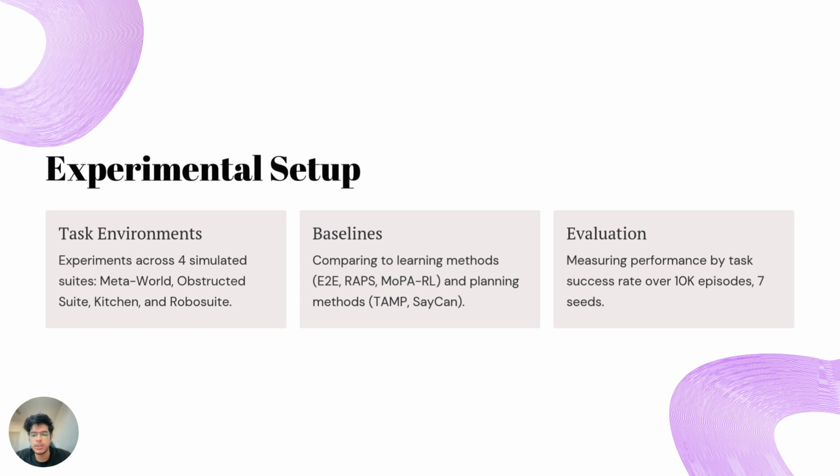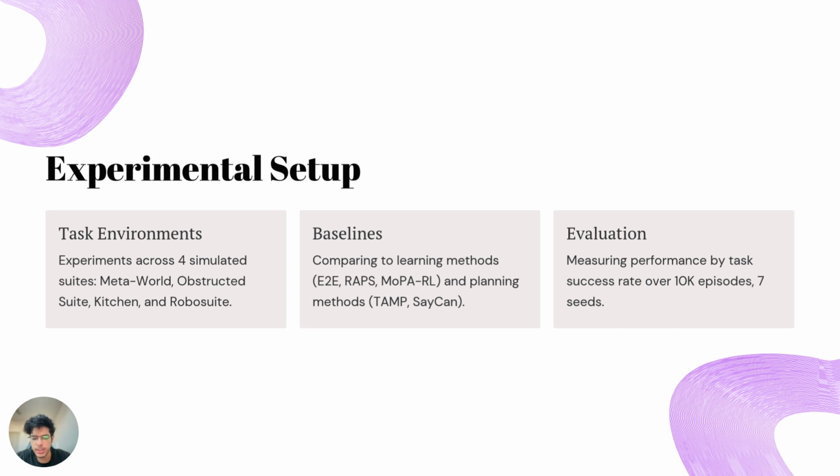Tasks range from simple ones like lifting cubes and assembling nuts to complex multi-stage challenges such as opening cabinets or turning knobs. For example, in Meta World, the robot performed tasks like disassembling a nut from a peg or hammering a nail, while the kitchen suite focused on long horizon tasks.